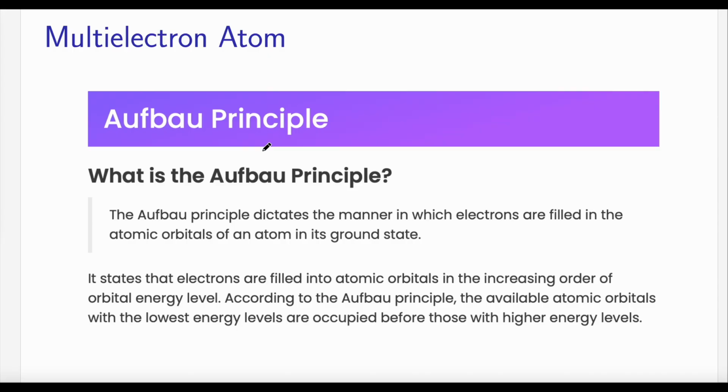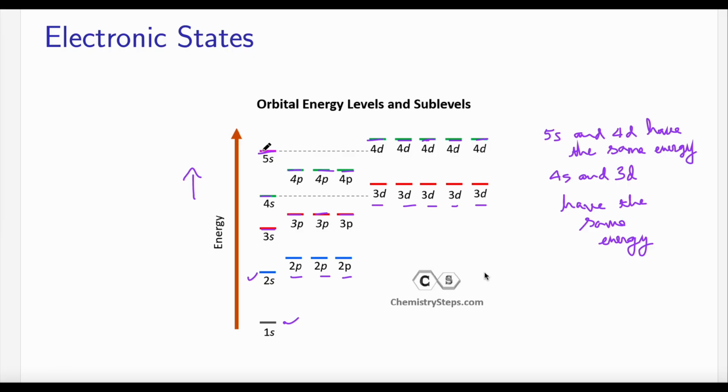Now we are discussing multi-electron atoms, but we are talking about a hydrogen atom, so this is the picture of one electron states. Each state can accommodate one electron.